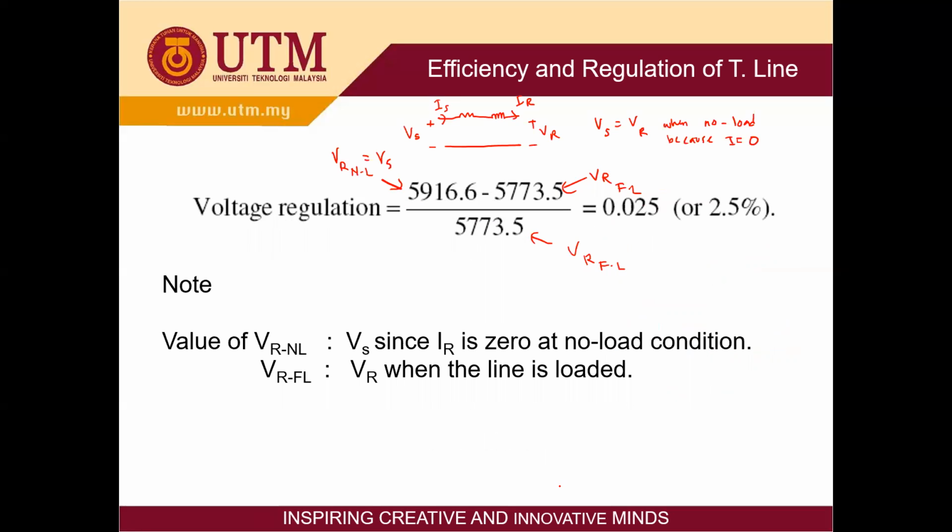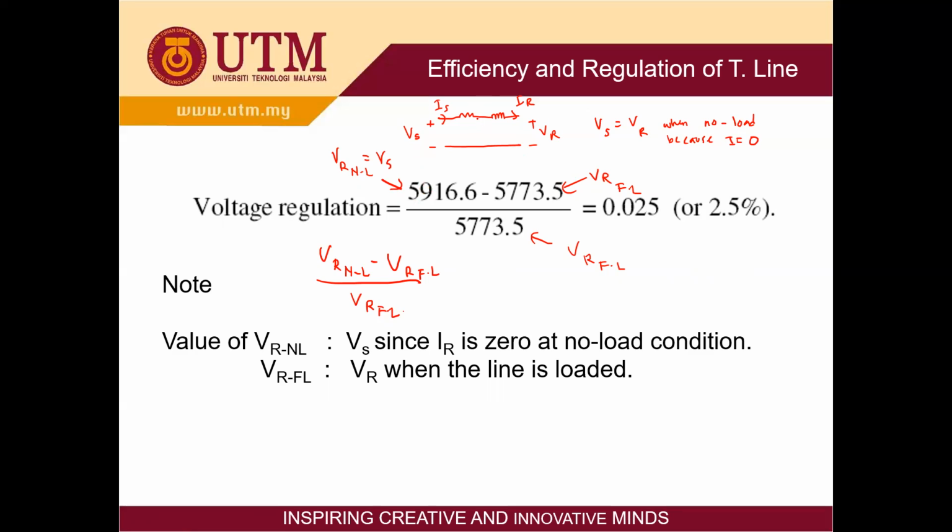And the voltage regulation for that example is based on the equation, which is VR at no load minus VR during the full load over the VR during the full load. As you can see here, VR during the no load is equal to Vs. Why? Because when there is no load connected at the receiving end, the current is zero.